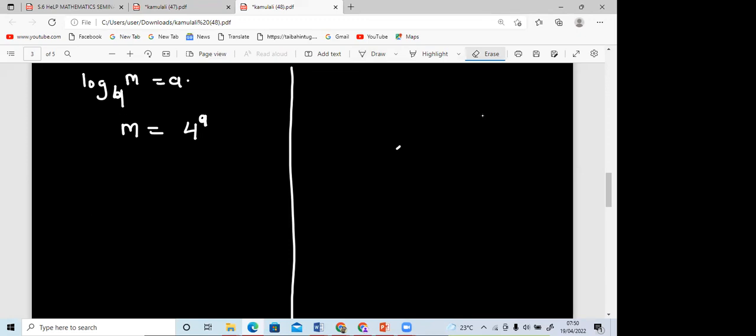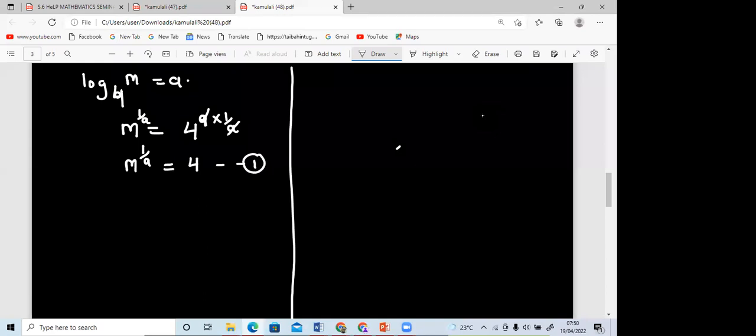When I multiply here by 1 out of a, this side I multiply by 1 out of a. So this a and this one cancel, so it remains with m^(1/a) is equal to 4. I can call this my first equation or first expression.